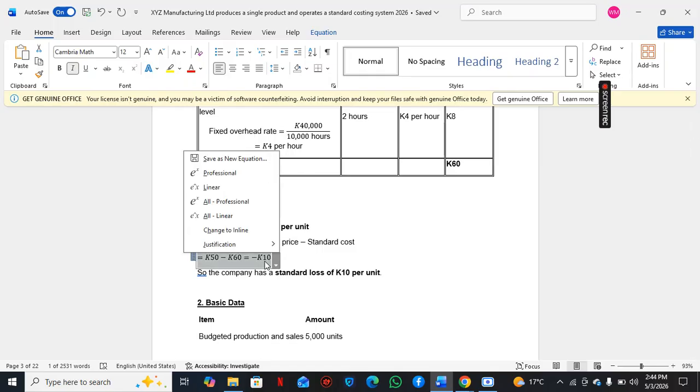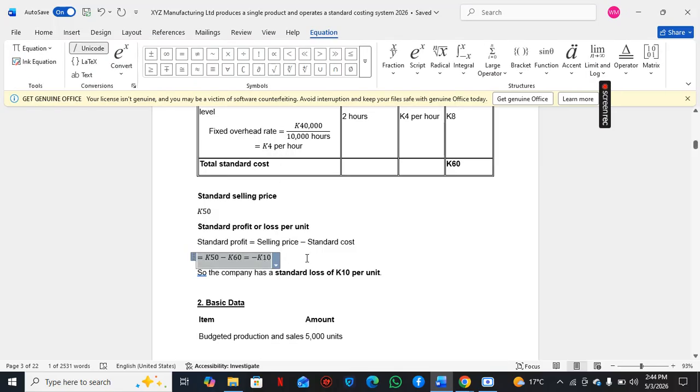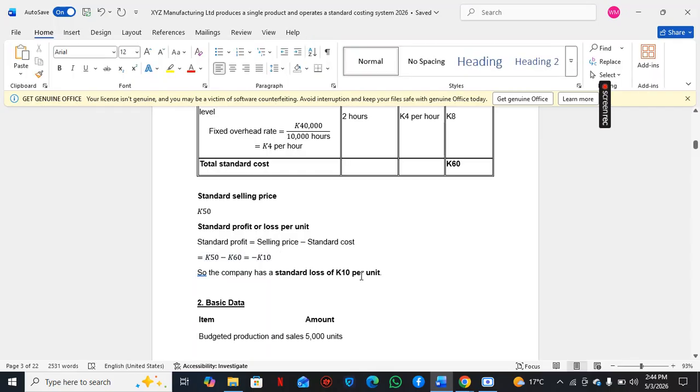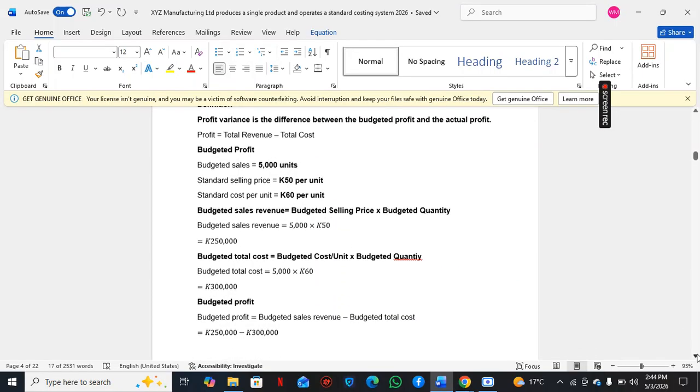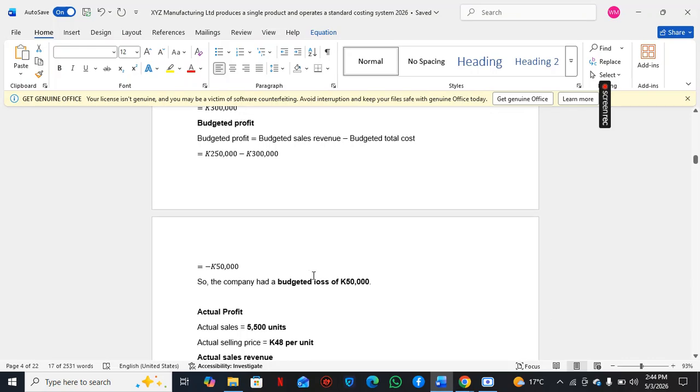We could have just said negative 10 times 5,000 units and got our budgeted profit like that. So this is the shortcut, and what we're doing here is the same thing. The budgeted loss is 50,000 kwacha.